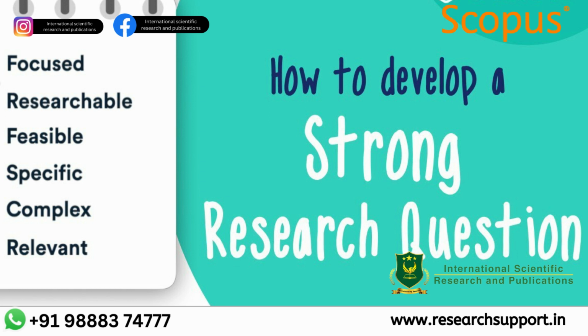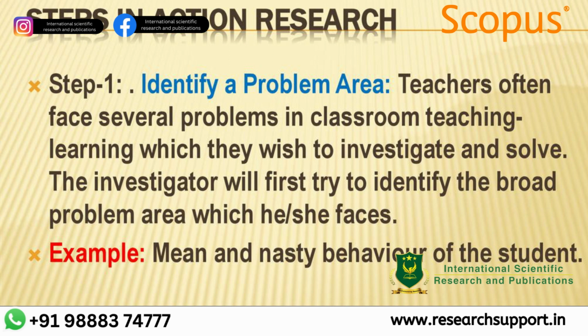There are some types of research problem which will help you to identify the research problem in your research paper. We have already discussed the theoretical research problem and the practical research problem, and the third one is the action research problem, which is similar to the applied research problem.